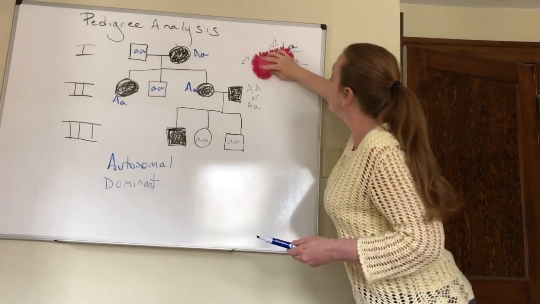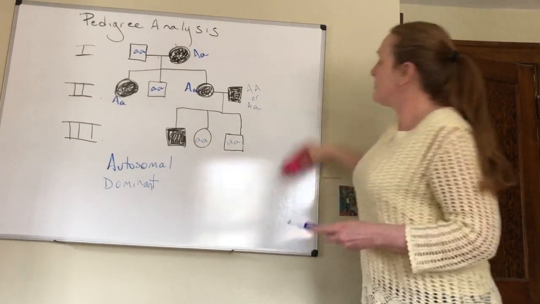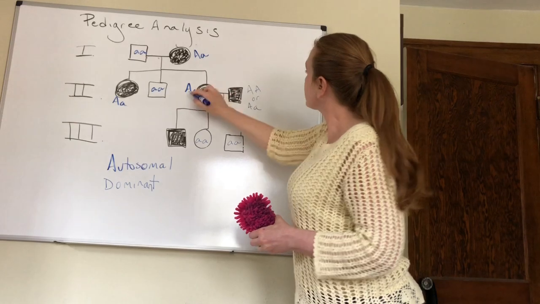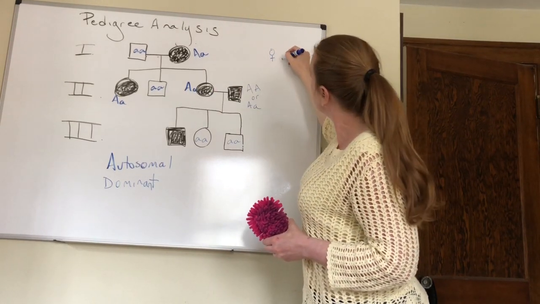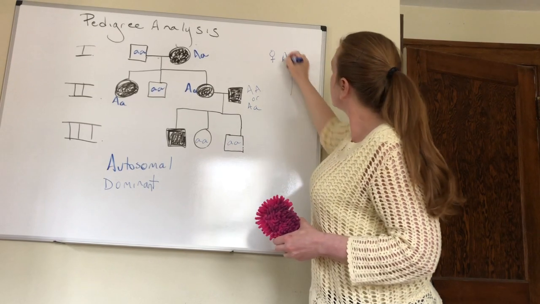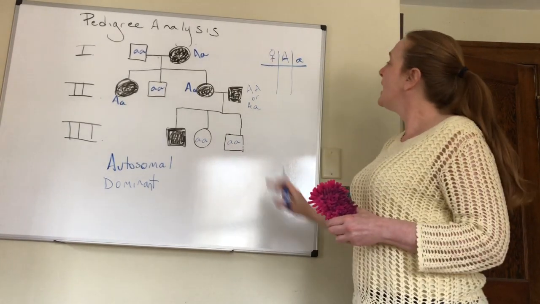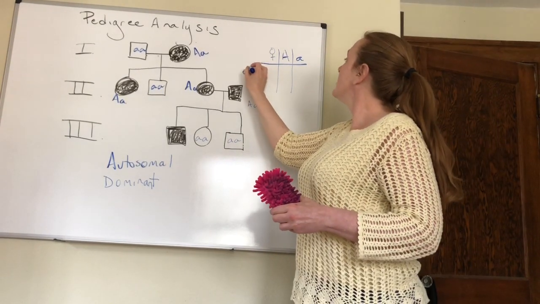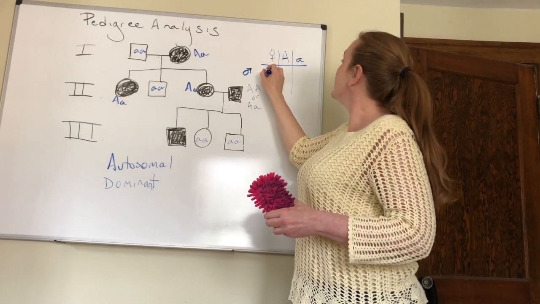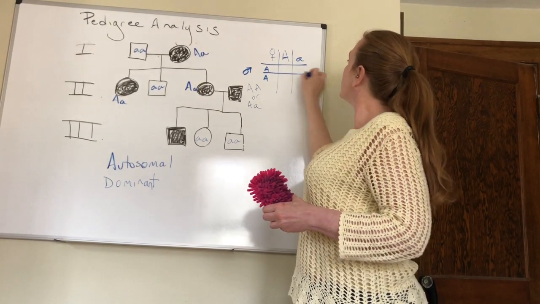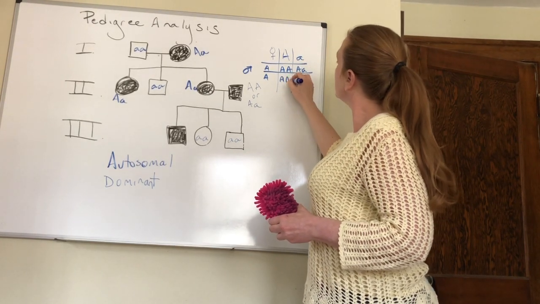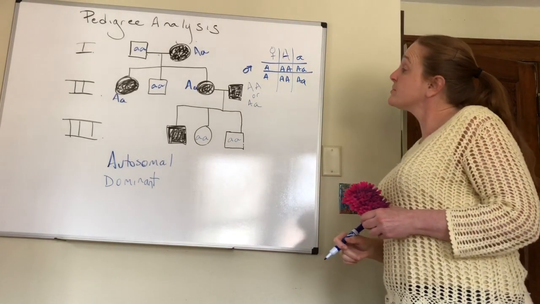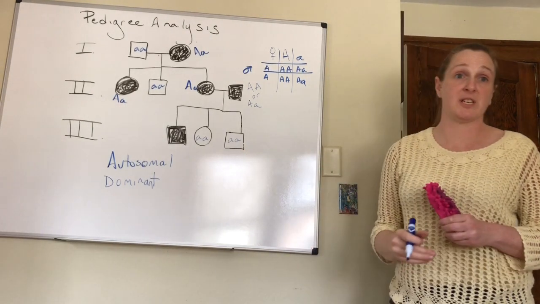So, doing the quick Punnett square combination, we know the female in generation 2 has a heterozygous genotype. If he were homozygous dominant, could he have made any offspring that have that homozygous recessive genotype?